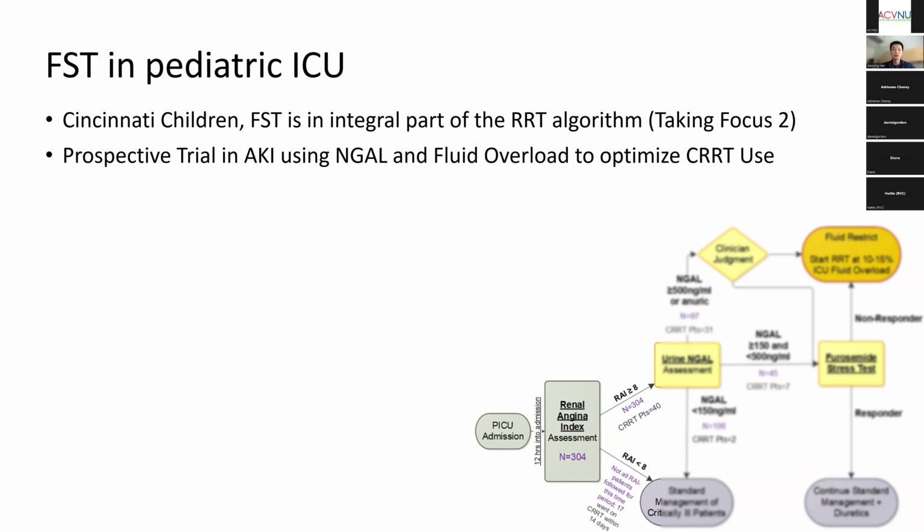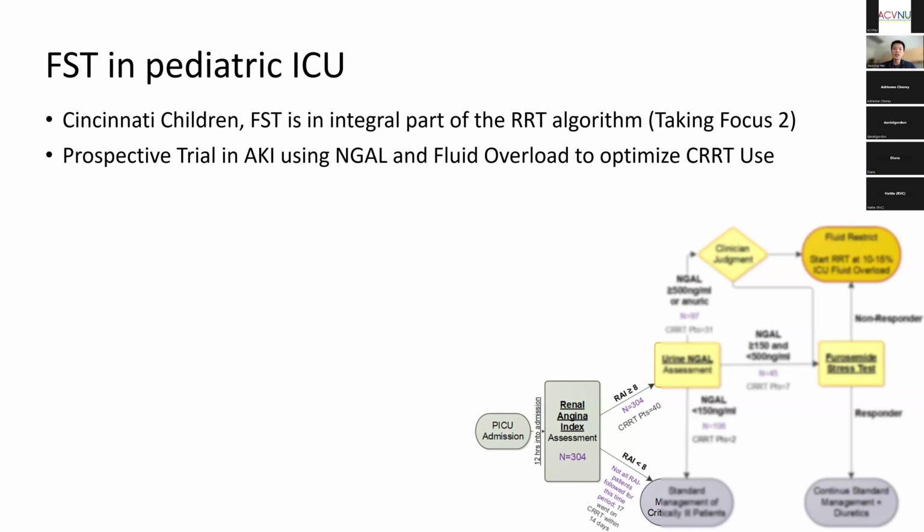Then the next question I had as I was reading through this is, does applying this test actually improve patient outcome? And here I wanted to briefly introduce a clinical trial at Cincinnati Children's Hospital. They did a really nice job of implementing this and incorporating the furosemide stress test along with other biomarkers and indices in assessing their ICU patients, and have come up with nice trials.